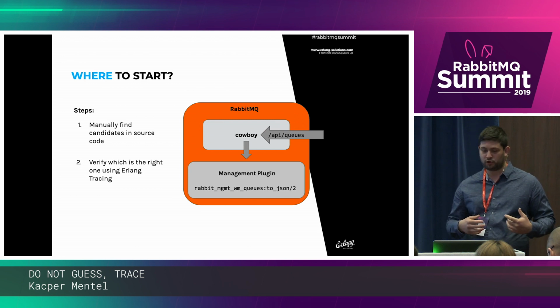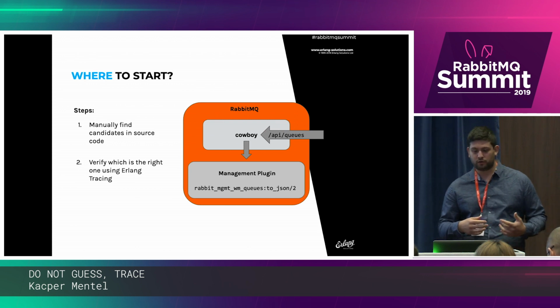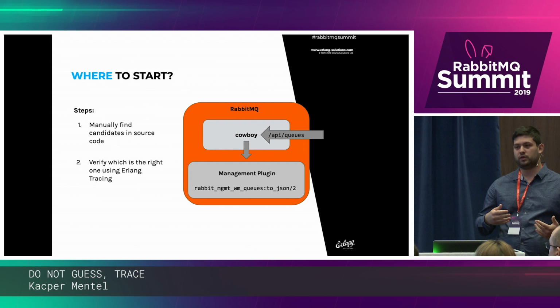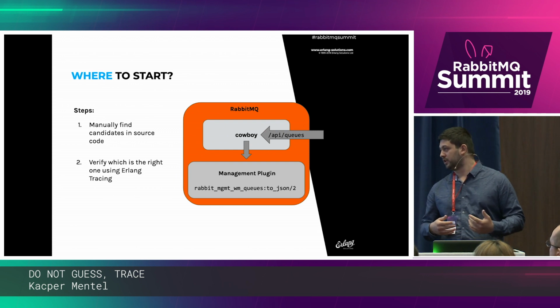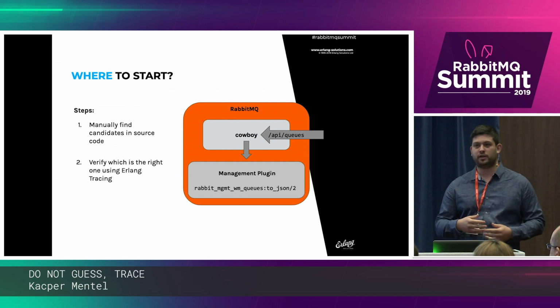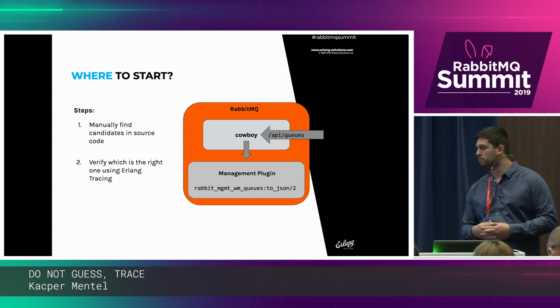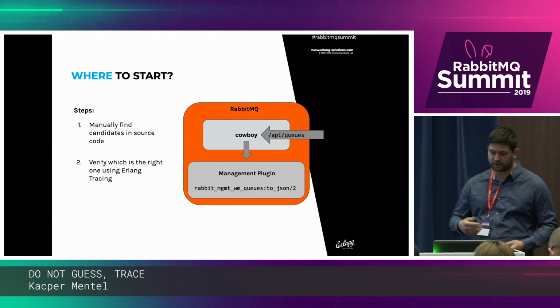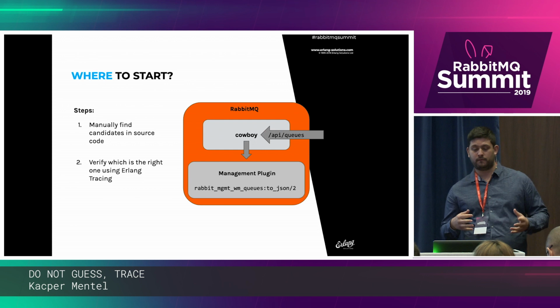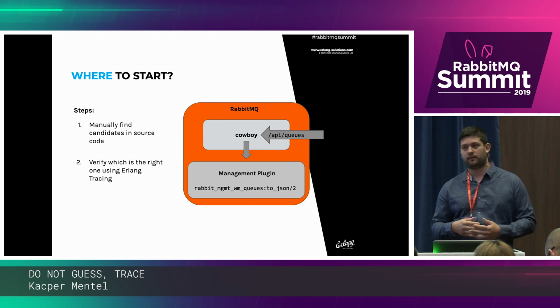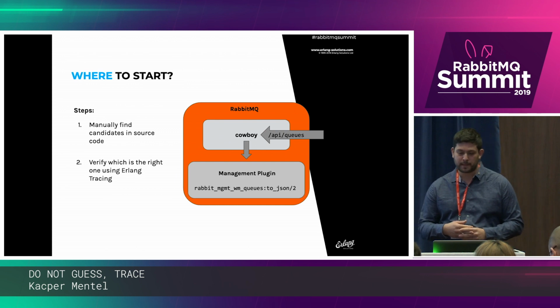First, we can manually look through the source code to find some candidates. I mean, to find functions that might be called when, in our case, a request to this management API endpoint comes in. And once we have some candidates, we can verify which one is the right one using Erlang tracing.